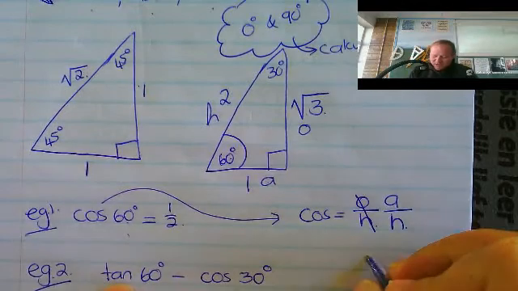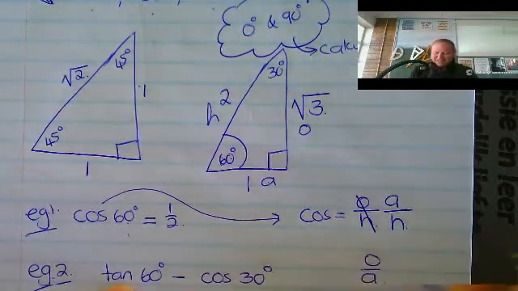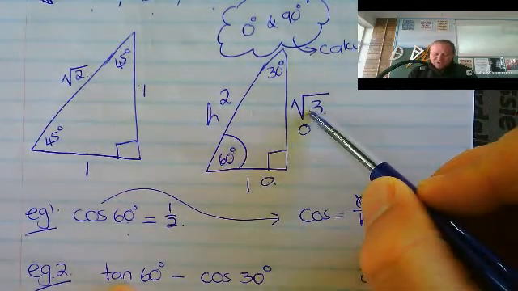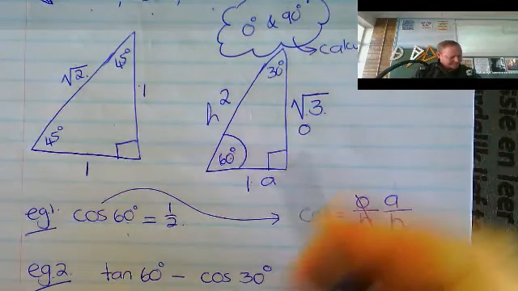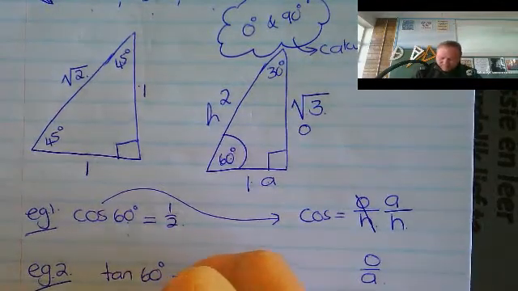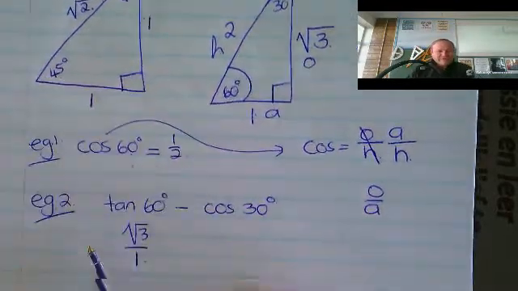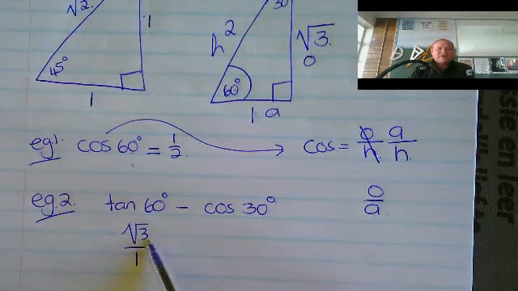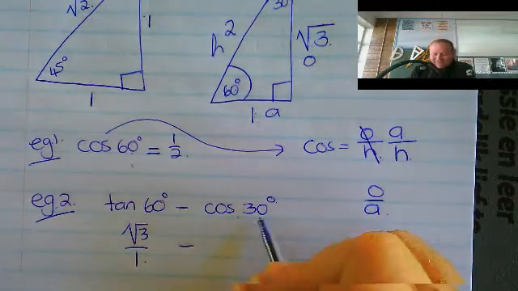Tan is opposite over adjacent, so it's going to be the square root of 3 over 1. So in the place of tan of 60 degrees, I'm going to write the square root of 3 over 1 minus the cos of 30 degrees.